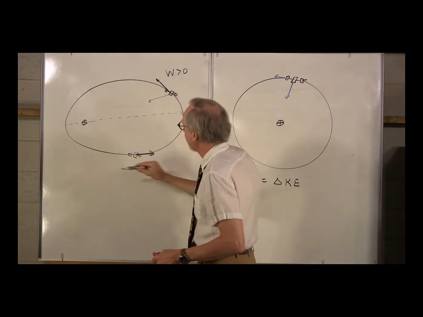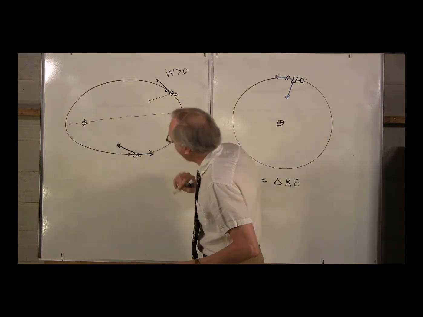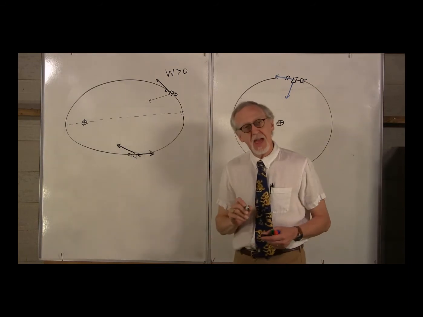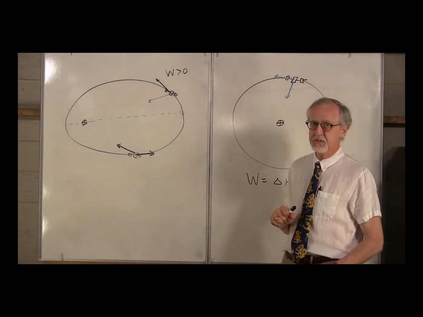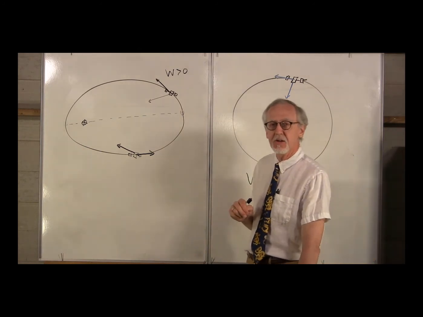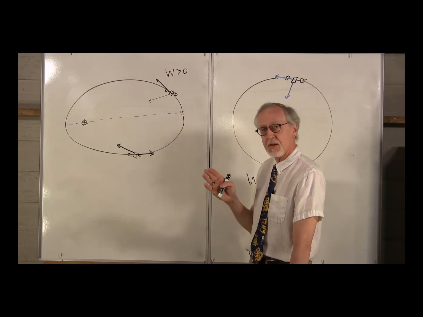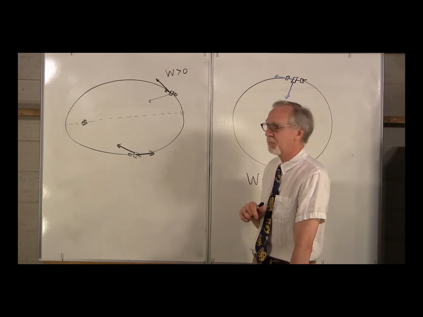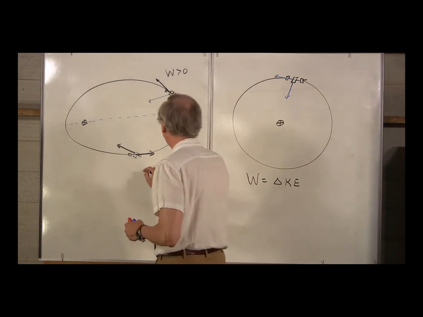We're assuming it's going in a counterclockwise direction, while the force is that way. Notice now the angle between the force and the displacement is greater than 90 degrees. The cosine of an angle between 90 and 180 degrees is a negative number. So in this case, the work done will be negative.